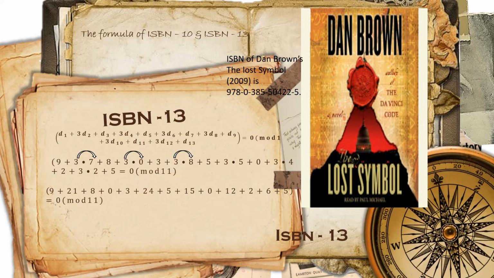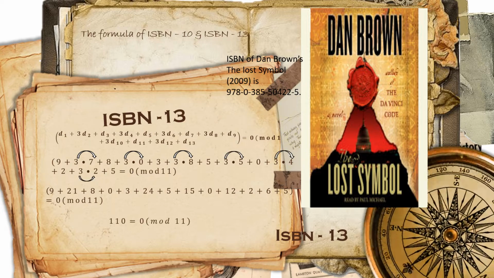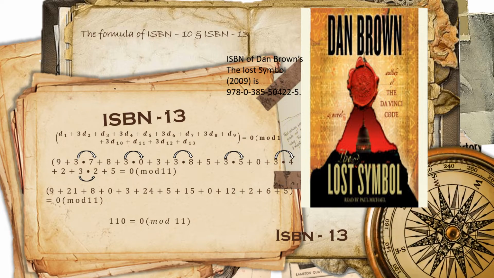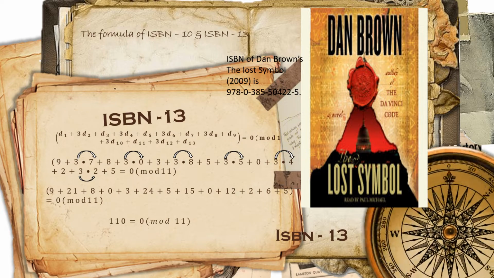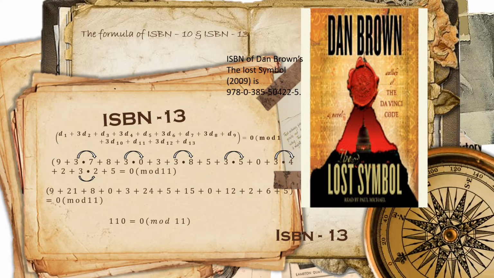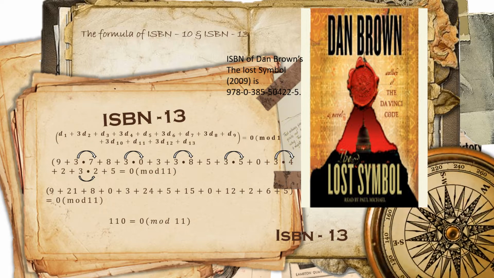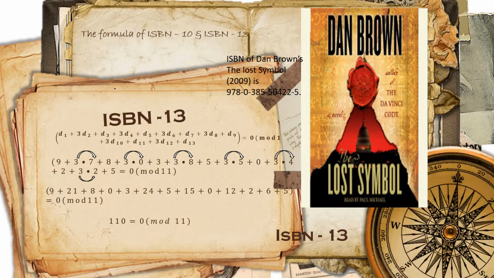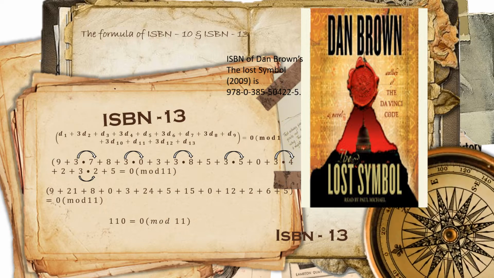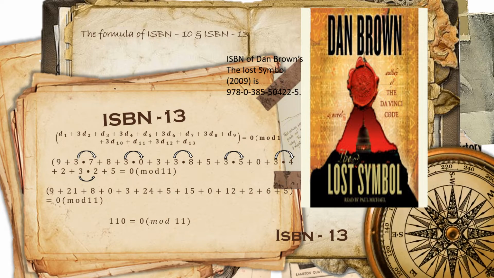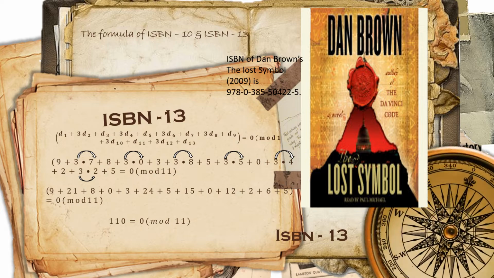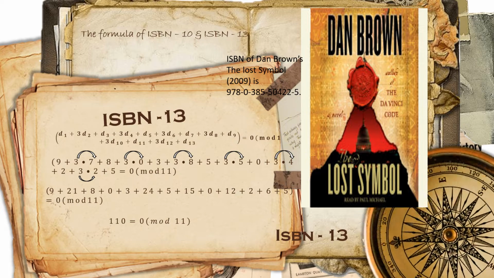So we will have to get the sum of these numbers. We have 110. So 110 divided by 11, the remainder is 0. So the ISBN of Dan Brown's The Lost Symbol 2009 is correct. Then the check digit 5 is correct.